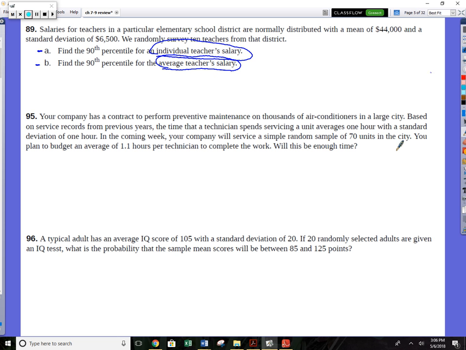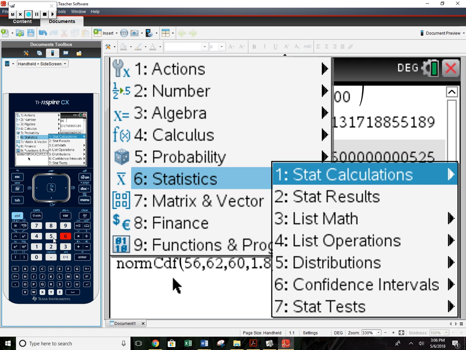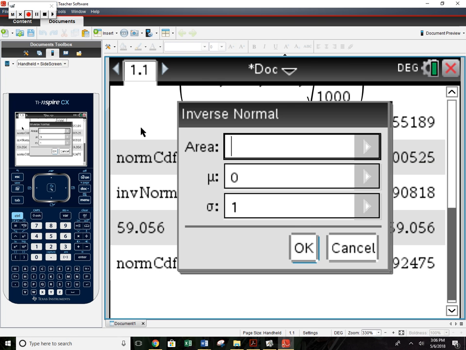Okay, so we're going to go Menu 6.5. We're going to do inverse normal. The area, they want the 90th percentile. The average is 44 grand, and we're going to use the standard deviation from the population, 6,500.